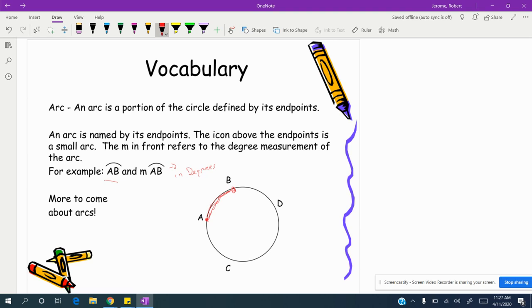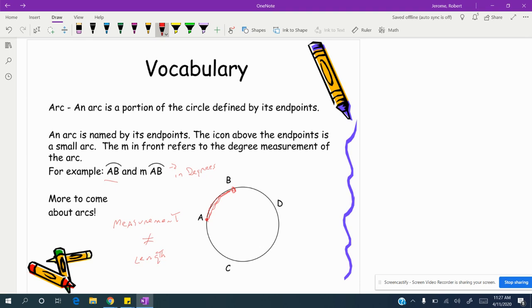If it's the earth, it's going to be a long distance. Measurement is going to be in degrees. Length is going to be in distance, like inches, miles, kilometers.